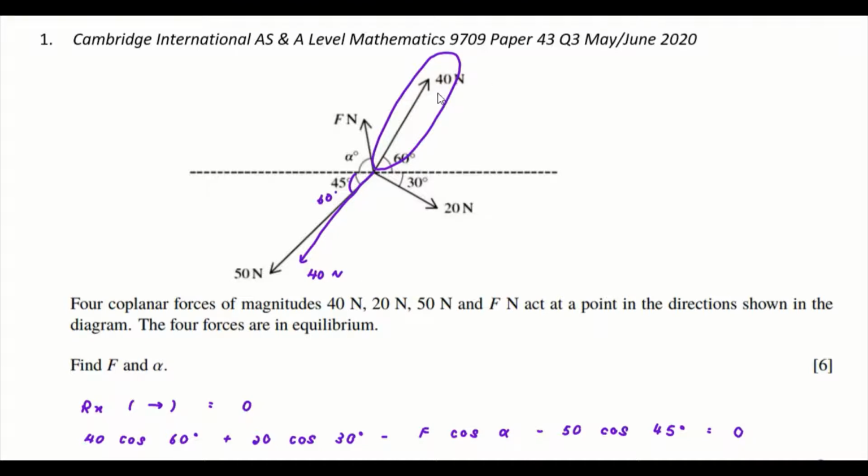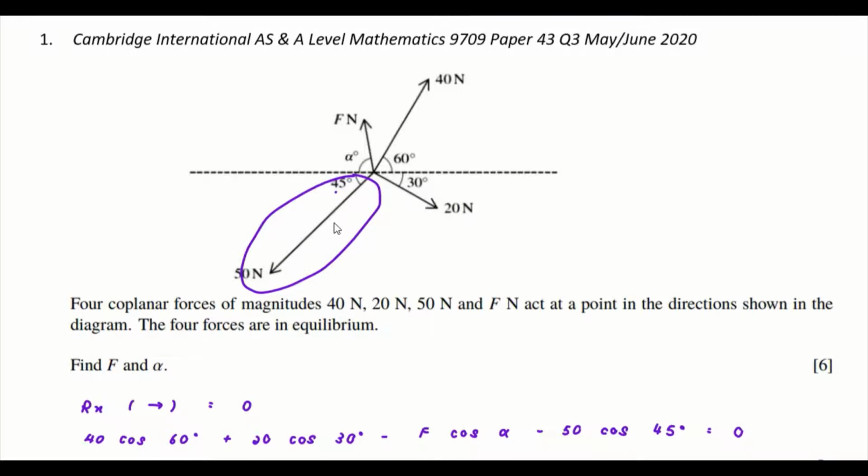So that's why when 40 Newton is removed, the resultant force of the three forces left here is eventually 40 Newton and is clockwise from the negative x-axis. Okay, that's the idea. It's going to be the same thing if I try to remove this one.